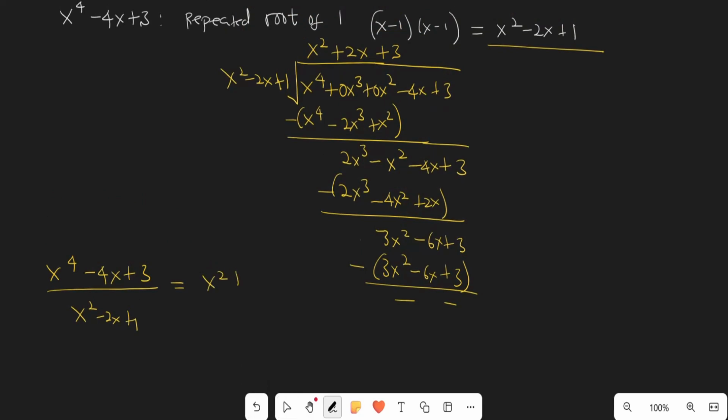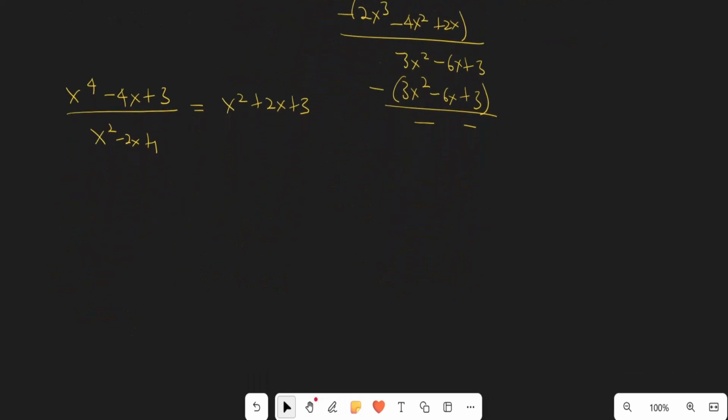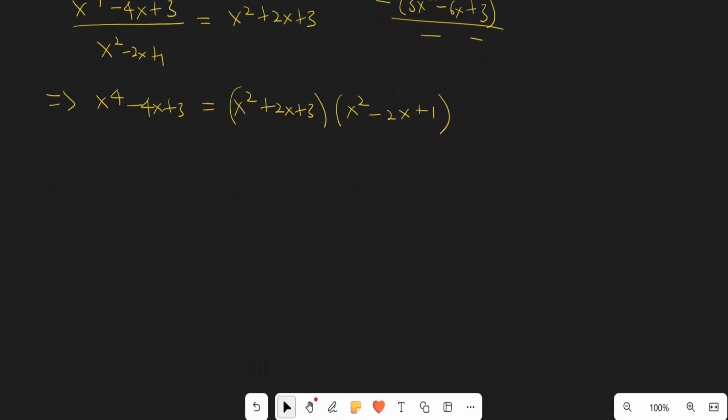That is x squared plus 2x plus 3. Now this is what we have. That means that x raised to the power 4 minus 4x plus 3 is the same as x squared plus 2x plus 3 multiplied by x squared minus 2x plus 1.